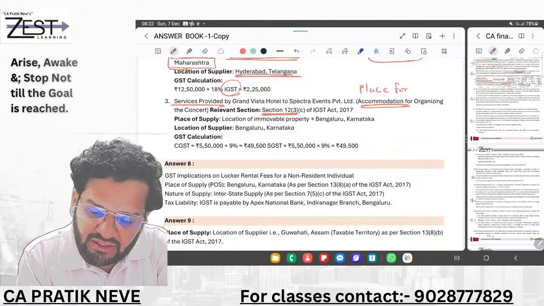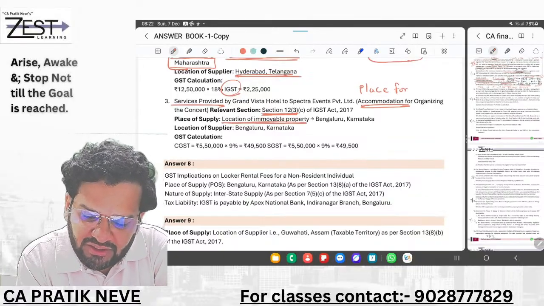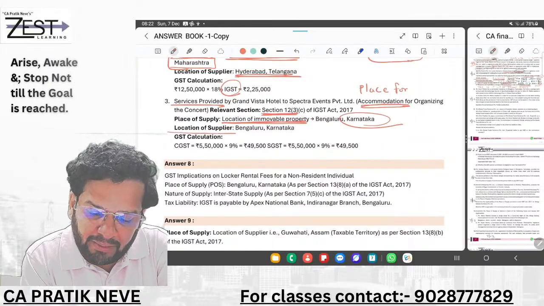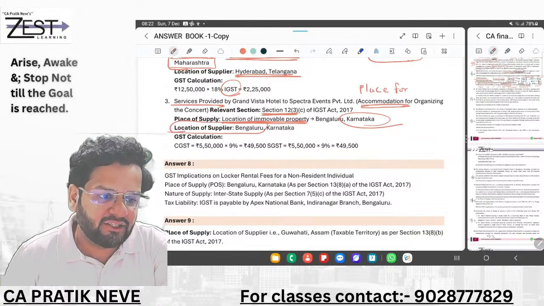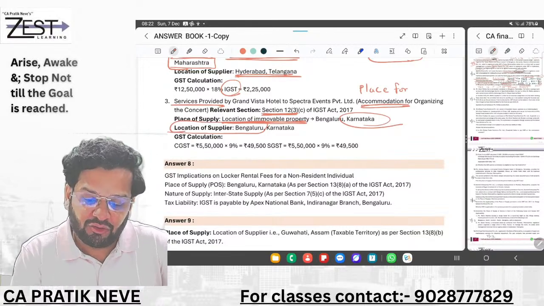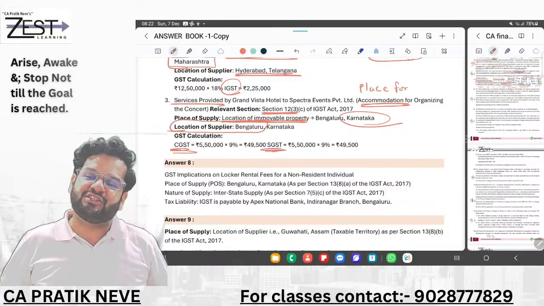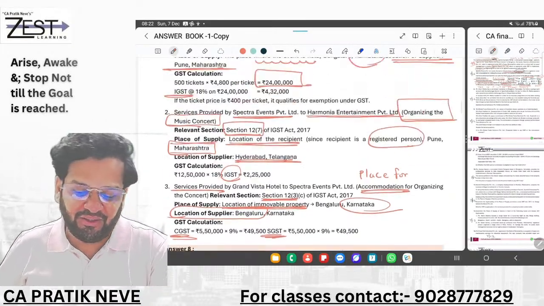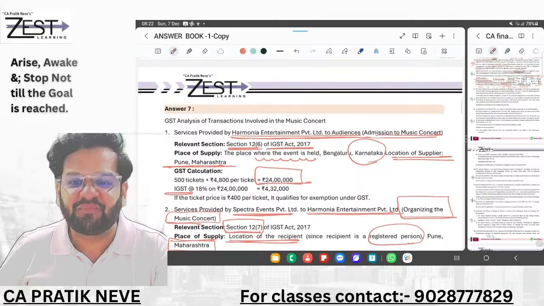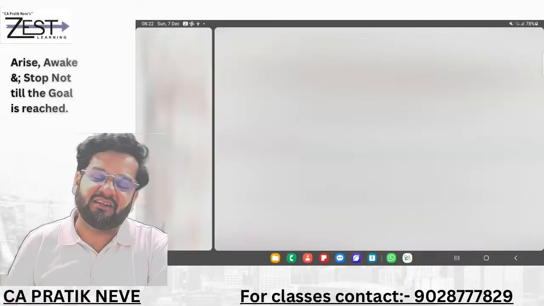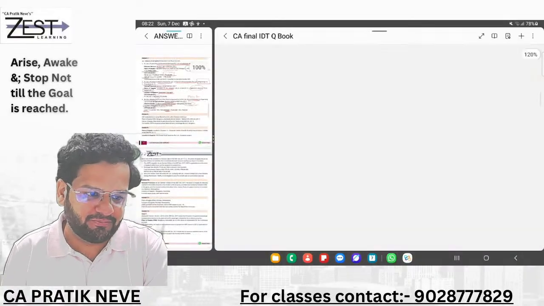So it is where the immovable property is located or intended to be located. So that is Karnataka. But supply is also in Karnataka. Place of supply is also Karnataka. So there will be chargeable CGST plus SGST. Did you all get it, friends? Such questions have been asked in the exam and they will be asked in future also.